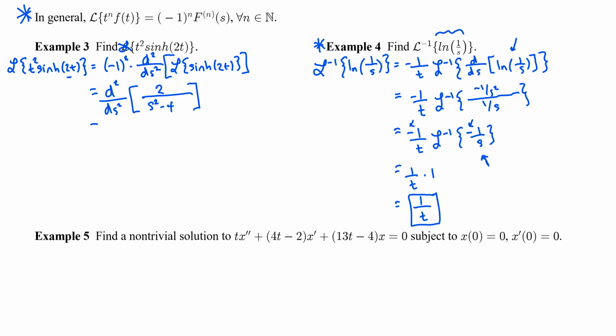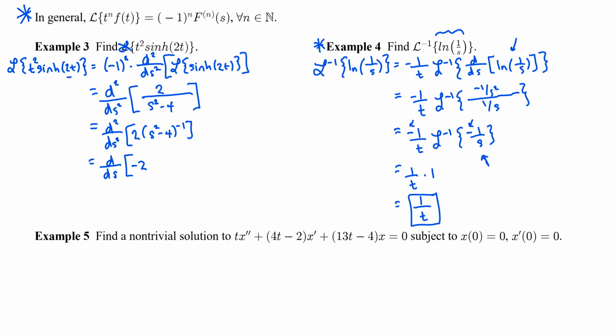So we need to find the second derivative of 2 over s squared minus 4. I'm going to think of that function as 2 times s squared minus 4 to the negative 1. So we'll find our first derivative, and then we'll need to find another derivative.